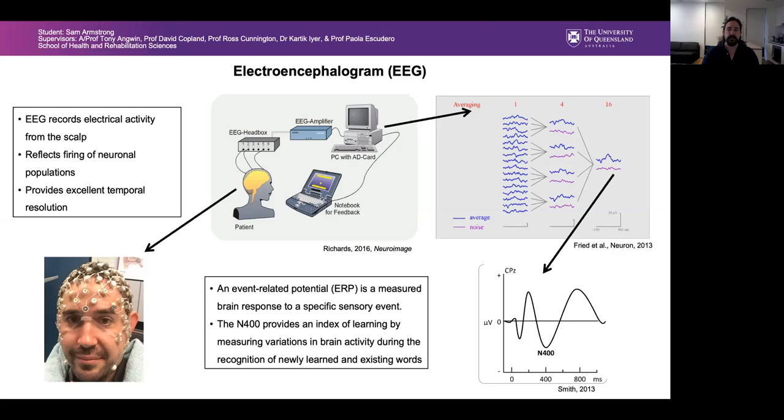The ERP method works by averaging the raw EEG signal across multiple trials. One particular ERP that is commonly found in the word learning literature is the N400. Calculating the N400 provides an index of learning by measuring variations in brain activity during the recognition of recently learned new words.